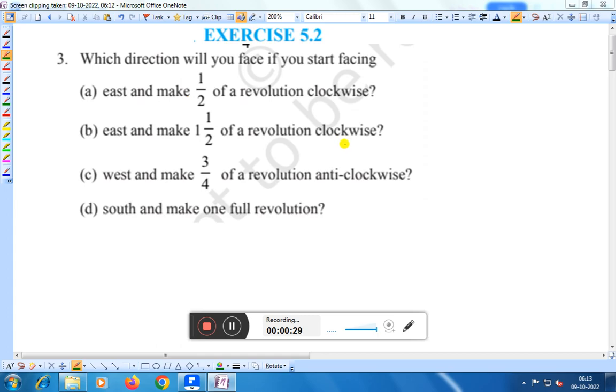Now, first of all, we have to find what is the meaning of half of a revolution.